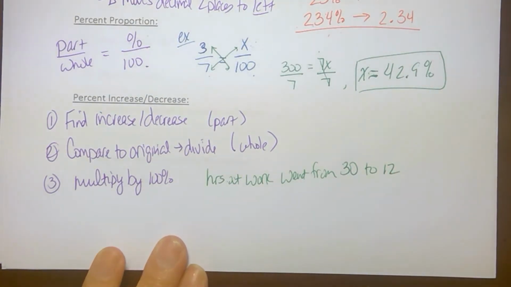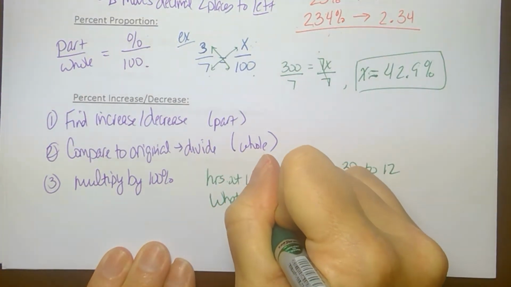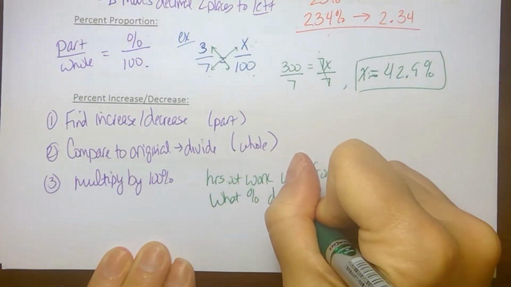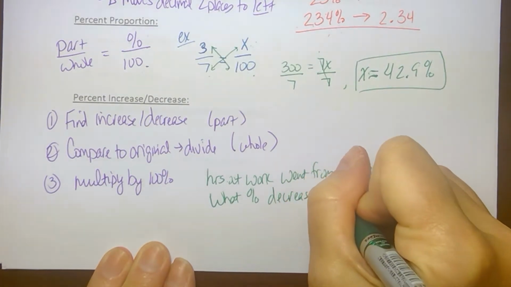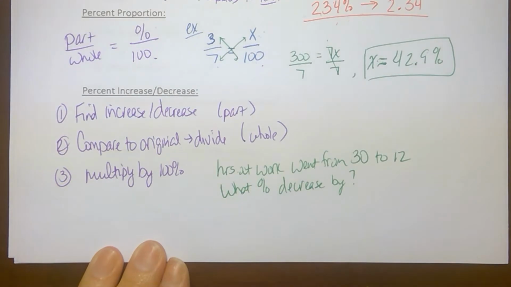So instead of working 30 hours a week, now I'm working 12 hours a week. What percentage did your work decrease by? So what's your percent decrease in the number of hours you're working?